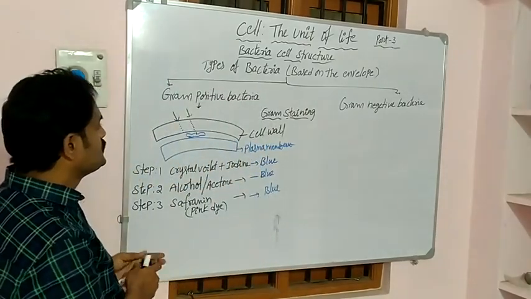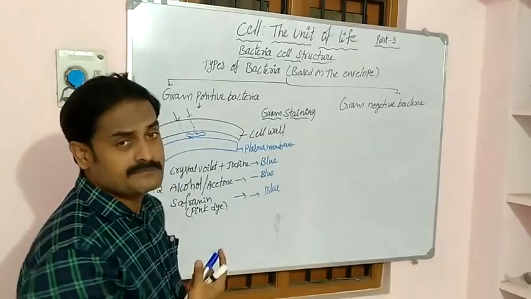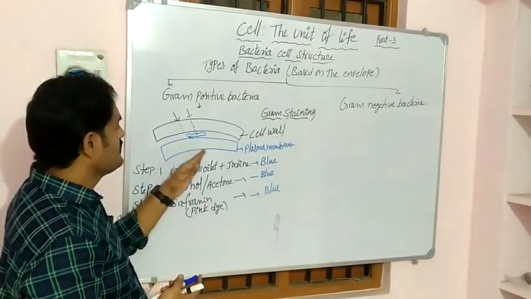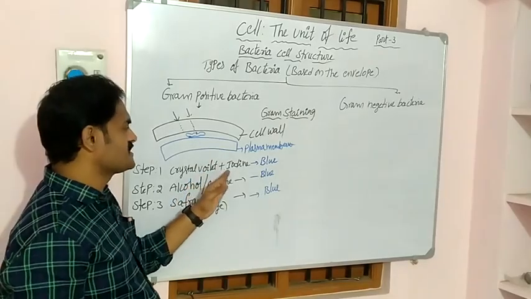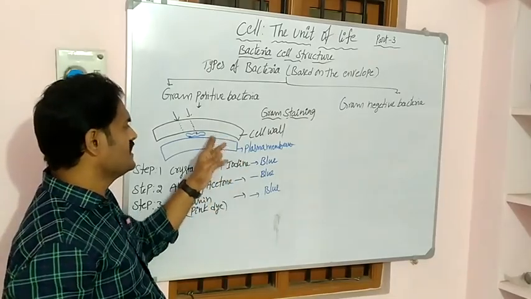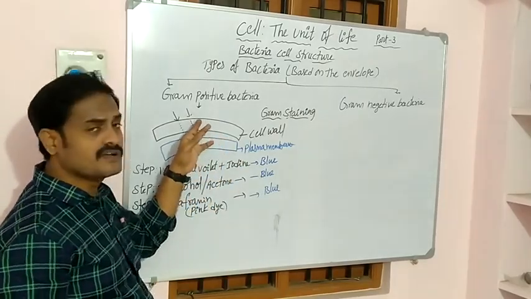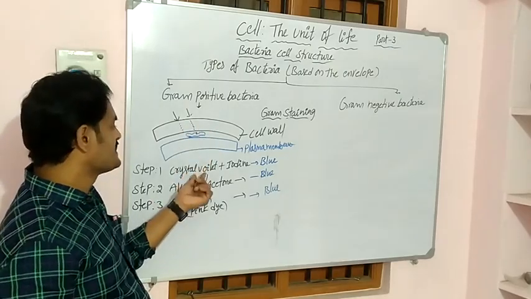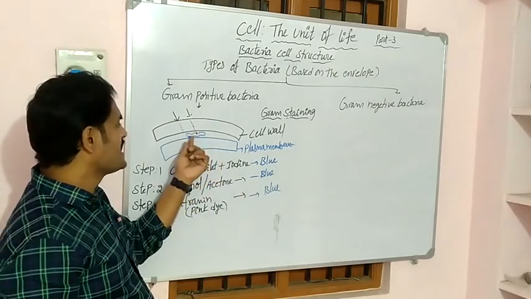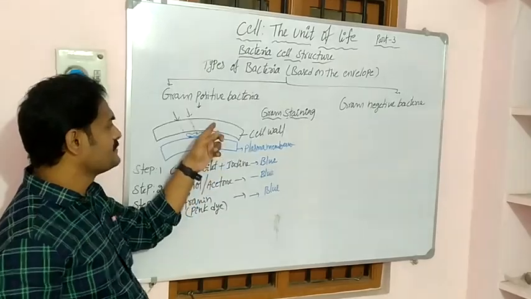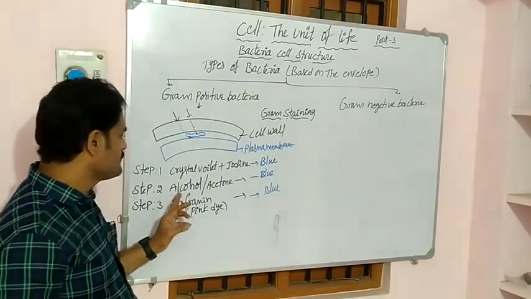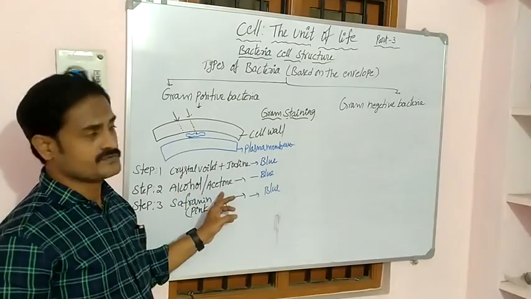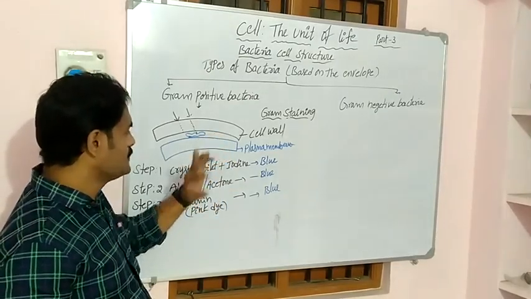See, during the process of gram staining, we follow three steps. In the first step, crystal violet plus iodine solution is given to the cell wall. The cell wall absorbs that crystal violet and iodine and it forms blue color in between the cell wall and plasma membrane. In the second step, we add the alcohol and acetone. This also gives blue color.